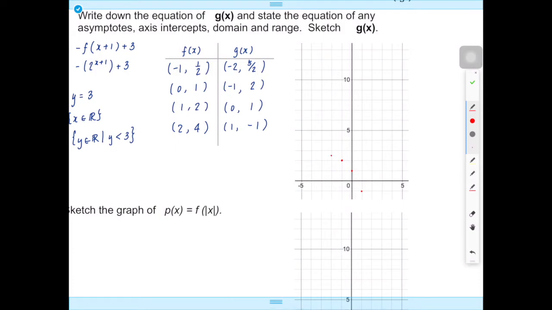Also, we said that the horizontal asymptote is y equals 3. So here we go. Okay, so let's connect the dots as smoothly as possible. Okay, good enough. And here is g of x.